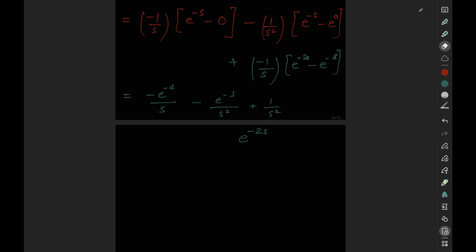It will be minus here, upon s, and plus e to the power minus s upon s. This term and this term cancel each other, and we will get minus e to the power minus s upon s square plus 1 upon s square minus e to the power minus 2s upon s. This will be the answer.